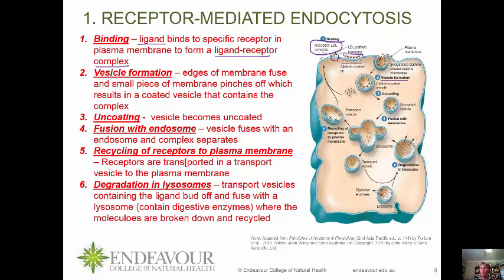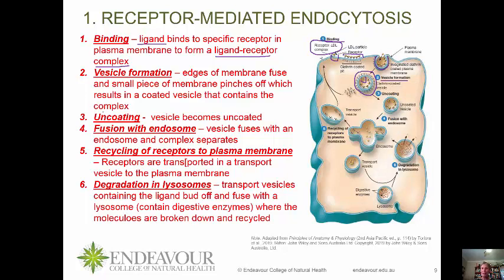So what happens in number 2, the edges of the membrane, so you can see here, the edges of the membrane here, okay, they fuse and a small piece of the membrane pinches off and it results in a coated vesicle. So you have the inside here, you have the ligand receptor complex, and then on the outside here is the clathrin coating. So you've got a vesicle, inside is the ligand receptor complex, and on the outside is the clathrin.